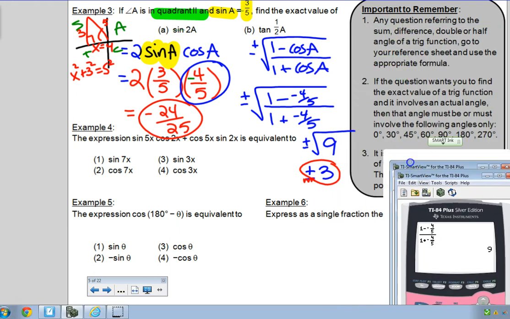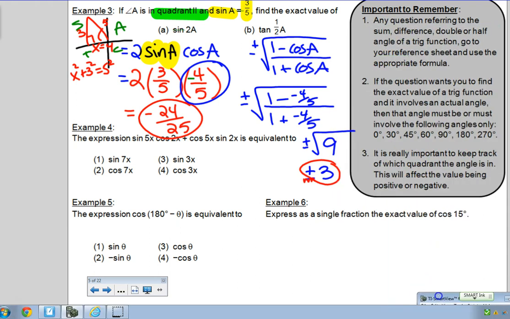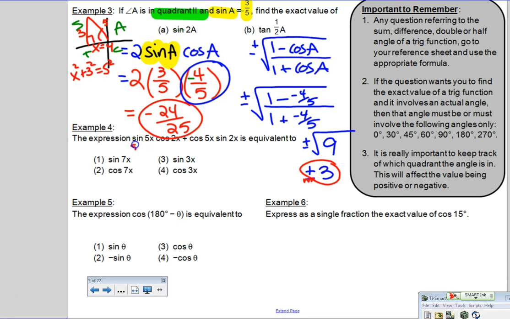Okay, the next one. The sine of 5x cosine 2x plus cosine 5x sine 2x. What they want to know is which one is it equivalent to. Basically, this is one of the formulas expanded out. So I'm going to write it with the A's and B's filled in. So all we have to do is figure out which formula is this mimicking.